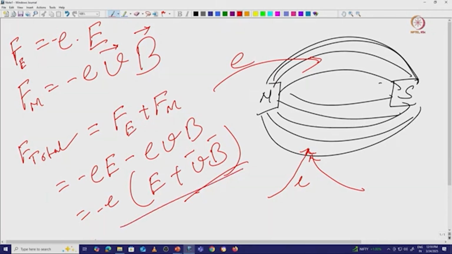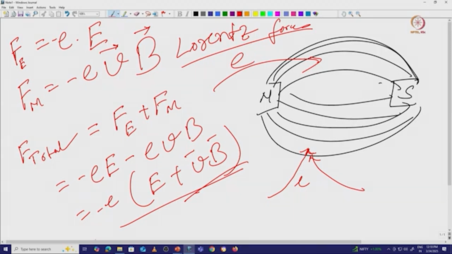This is called the Lorentz force, or Lorentz theory, that tells us if the electron is entering a magnetic field, what kind of force it will feel.